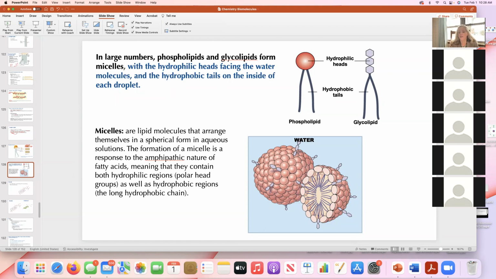You can see it's got a couple of little sugar moieties sticking up here that might interact with the water. But this is just the core of a big giant lipid droplet, like the lipid droplets that form in your salad dressing.